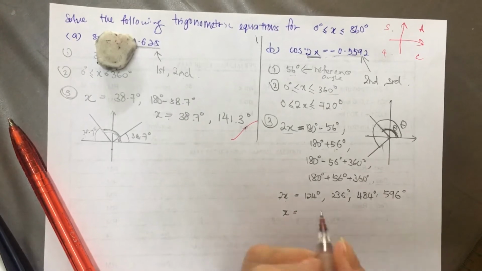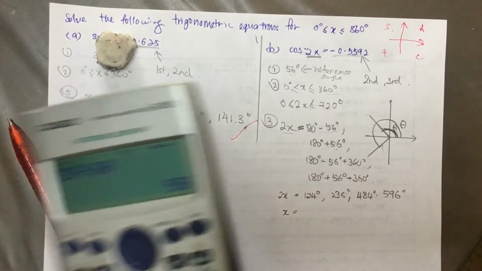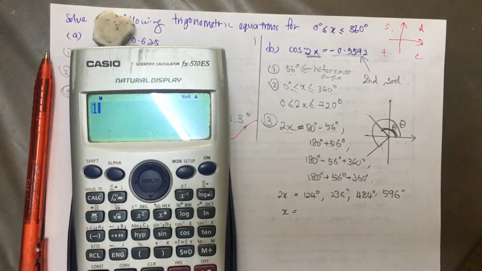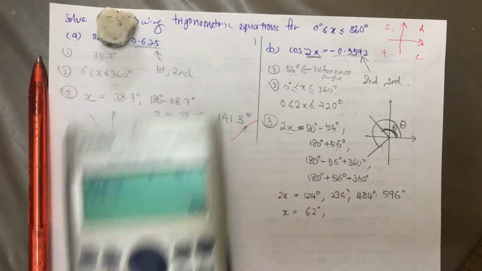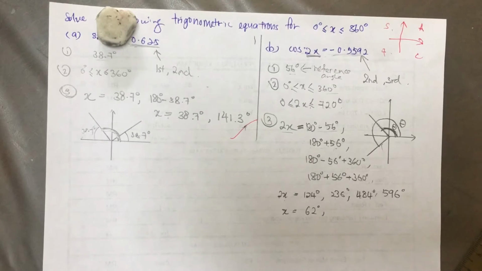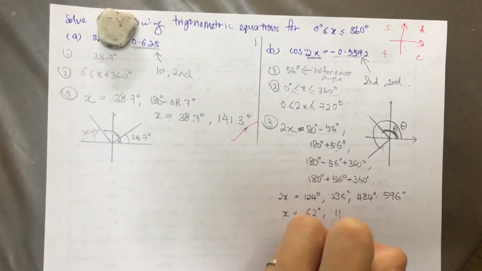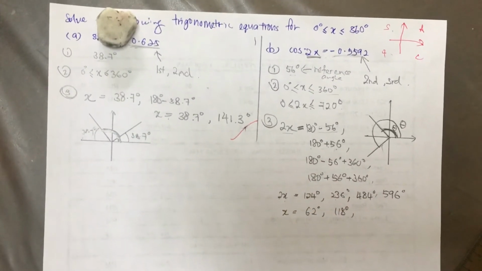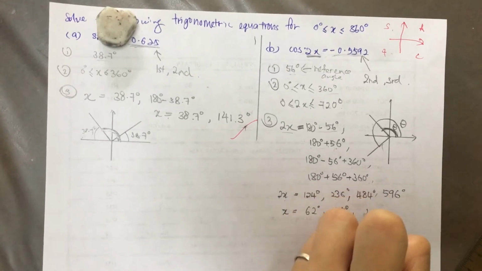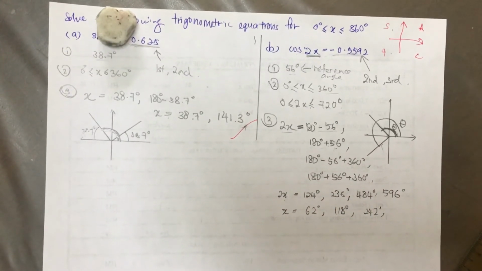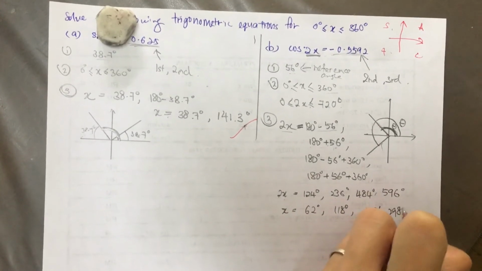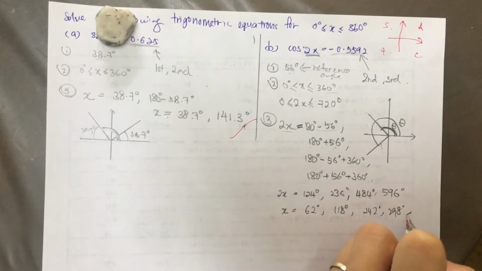So in other words, x will be 124 divided by 2, you get 62 degrees, 236 divided by 2, you get 118 degrees, 484 divided by 2, you get 242 degrees, and 596 divided by 2, you get 298 degrees. So this is your answer.